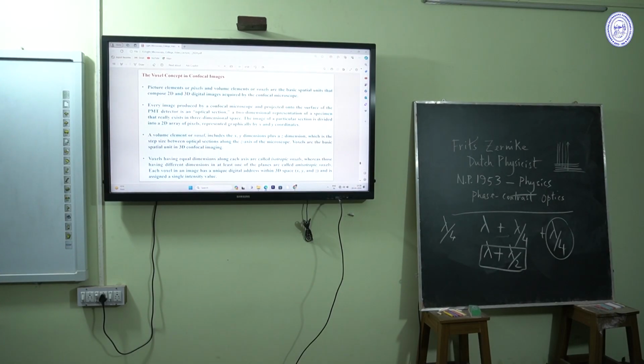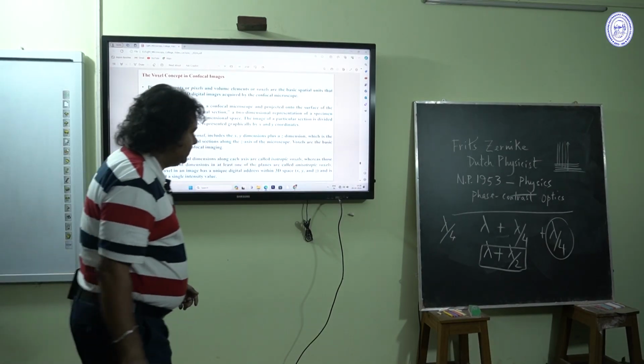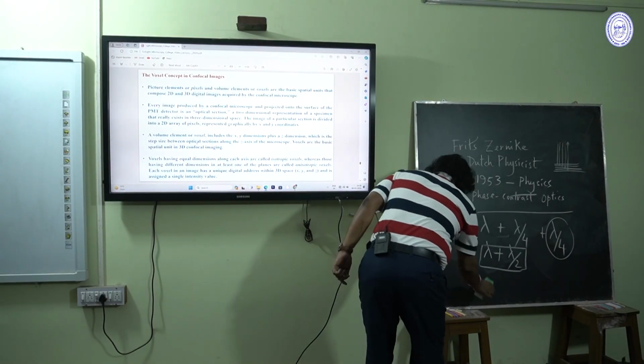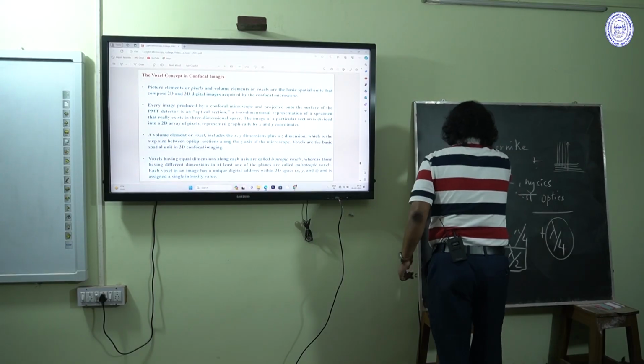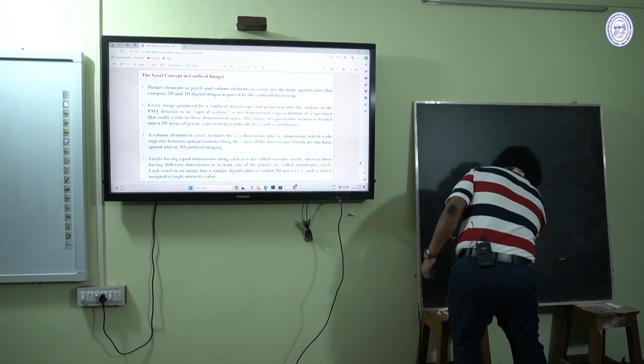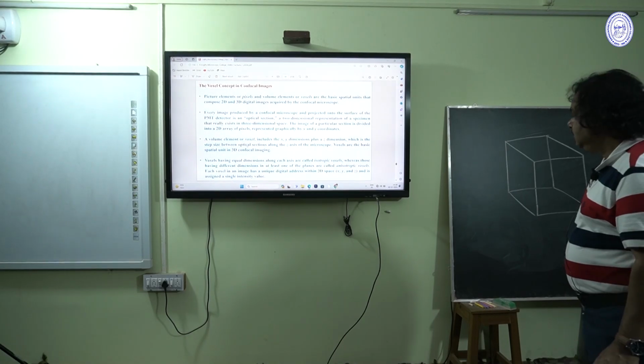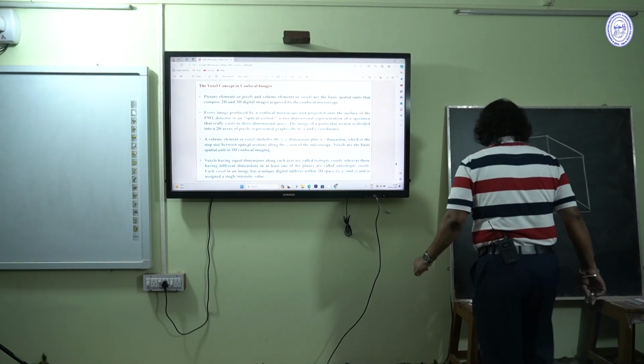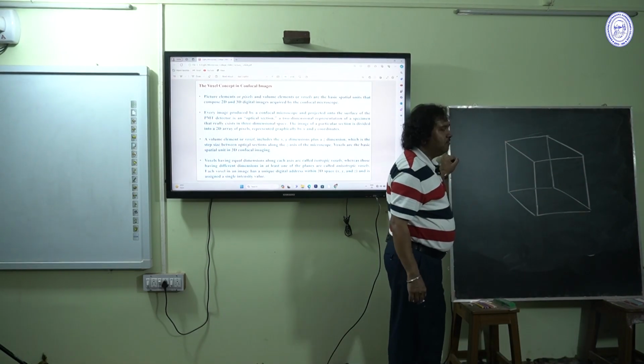Voxels are the basic spatial unit in 3D confocal imaging. I am just trying to explain to you. It is simply a diagram of a box.